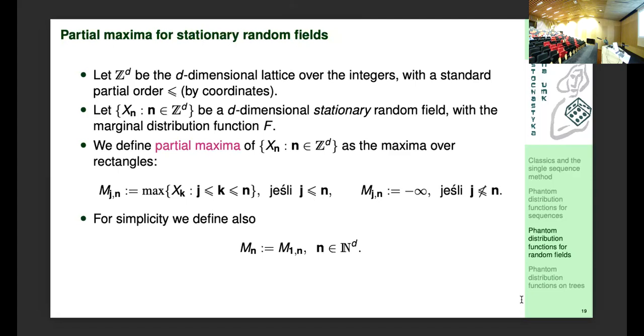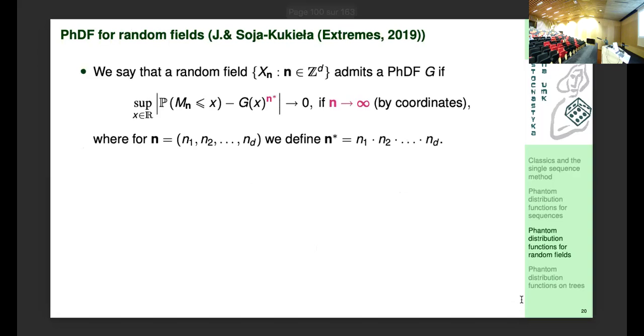Okay, so our problem is we have maxima over rectangles, in fact increasing, but of course not squares, rectangles, a general thing. And we want to study such maxima from the point of view of existence of a phantom distribution function.